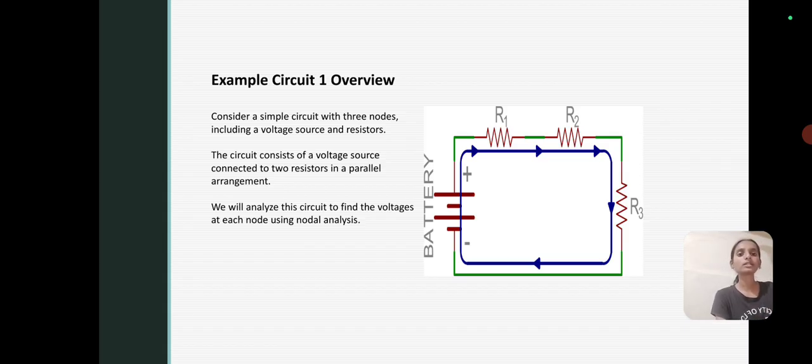Consider a simple circuit with three nodes, including a voltage source and resistors. The circuit consists of a voltage source connected to two resistors in parallel arrangement, as I told previously. We will be analyzing this circuit to find the voltages at each node using nodal analysis.